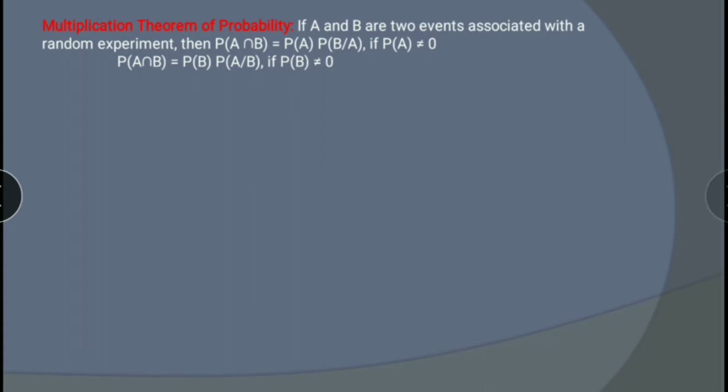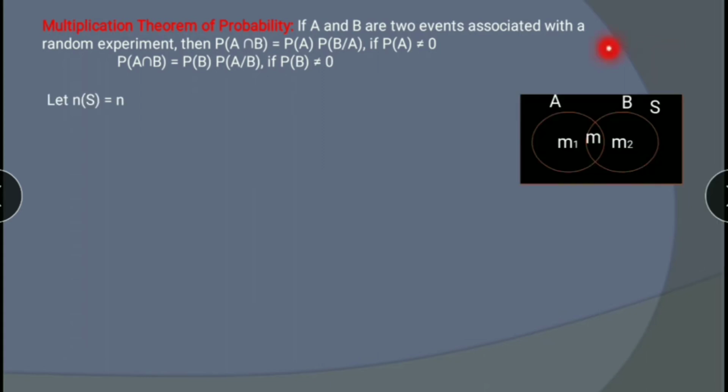So let's prove this. If you can see this Venn diagram, then this is our whole sample space. This sample space includes two events A and B. Number of elements in set A we have taken M1. Number of elements in set B we have taken M2, and in the intersection we have taken M elements.